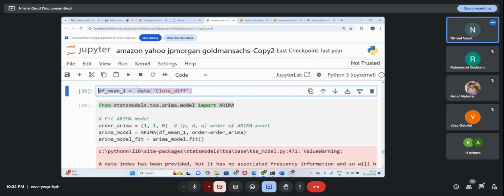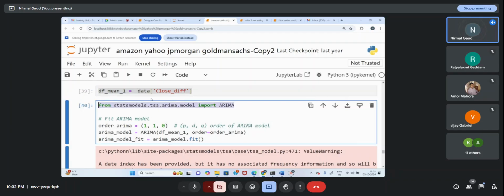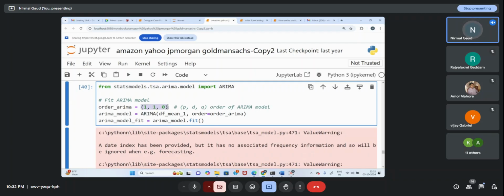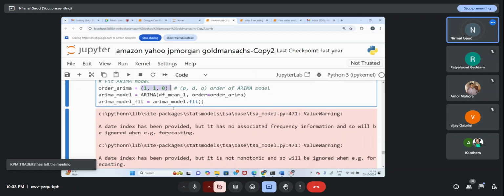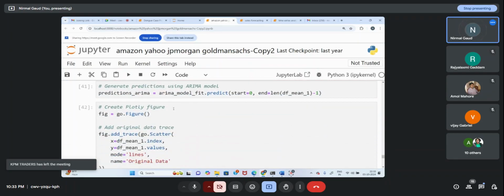Once the values become stationary, you can apply ARIMA. You can have any combination of P, D, Q. I took 1, 1, 0. I can take 1, 1, 1 and check where my model gives a good prediction.